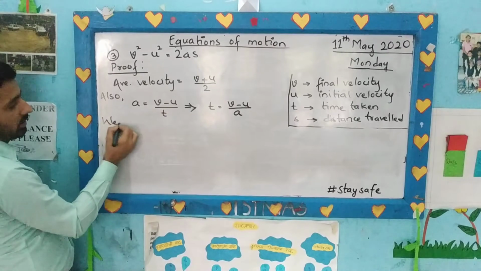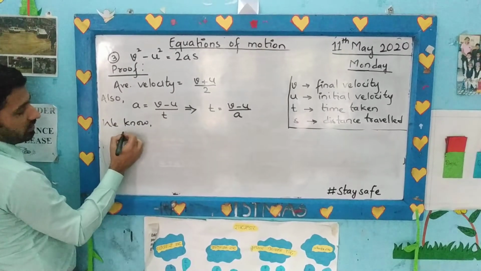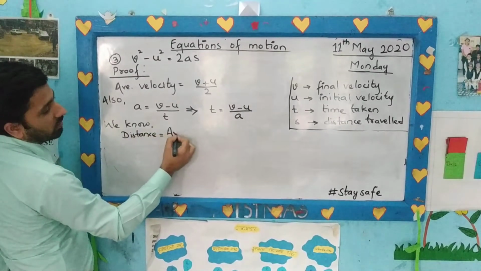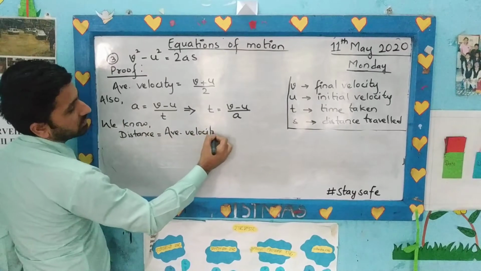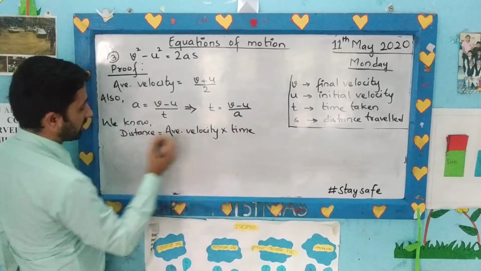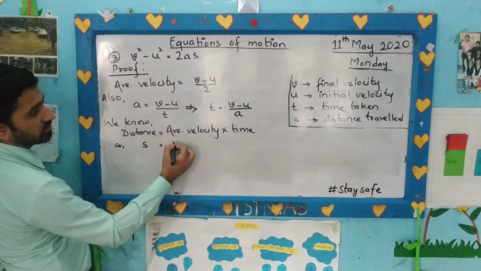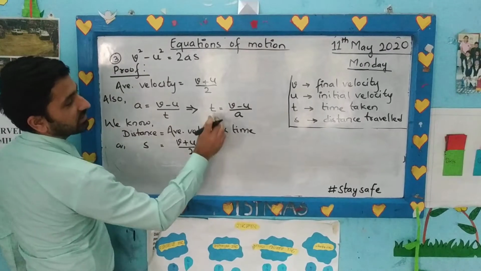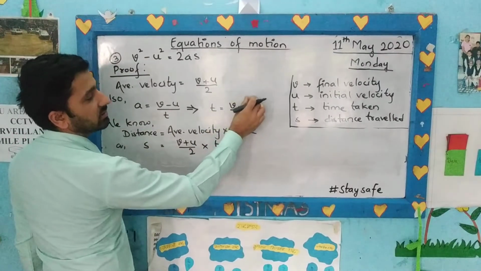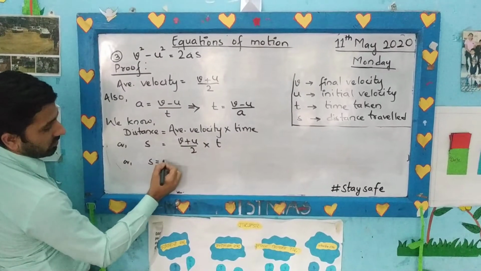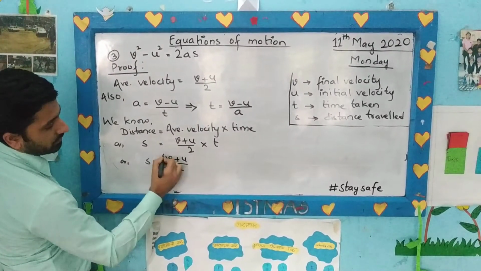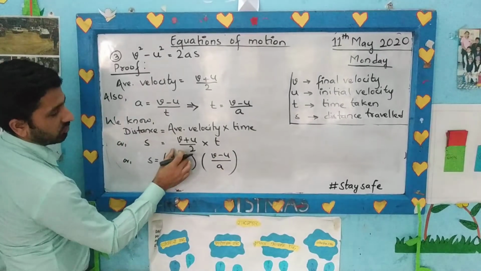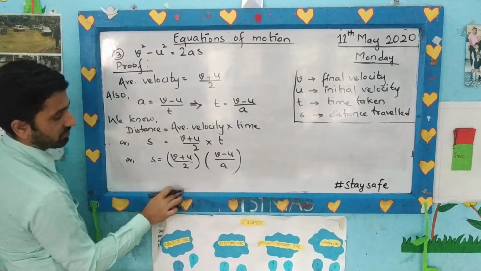Now again, the distance traveled will be equal to average velocity into time taken. That is s equals v plus u divided by 2 into t. Now let's substitute the value of t with v minus u by a, so s equals v plus u by 2 times v minus u by a. Now numerator multiplies, denominator multiplies.